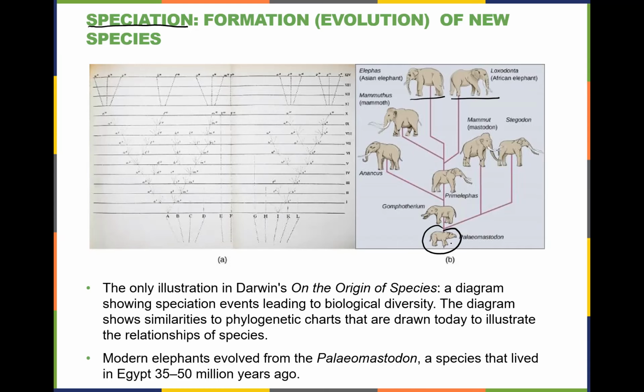So Darwin said that speciation increases the diversity of species from one ancestor into several types. In this case, from one ancestor, we now have two different types of elephant species, African elephants and Asian elephants.